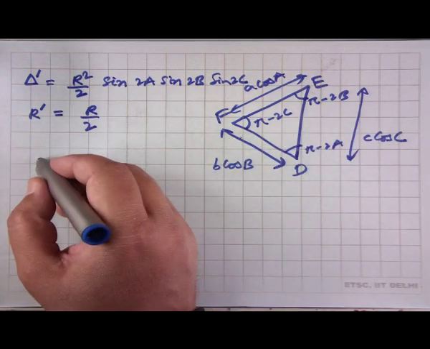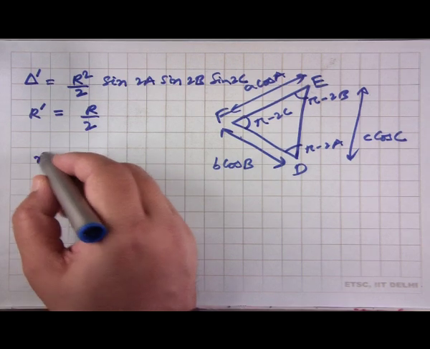So the inradius of the pedal triangle is given by r prime.